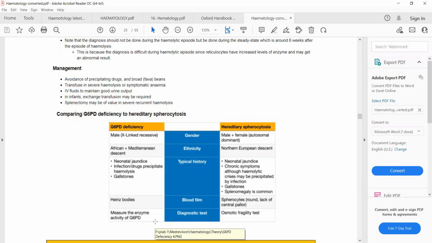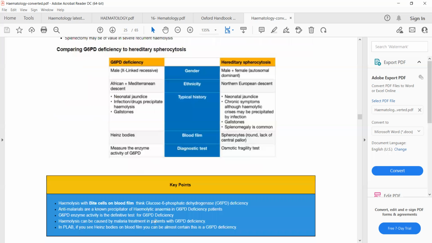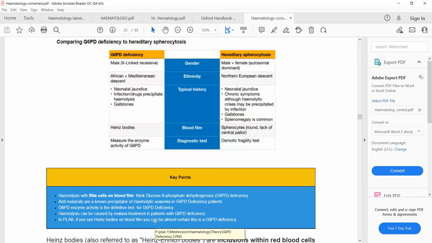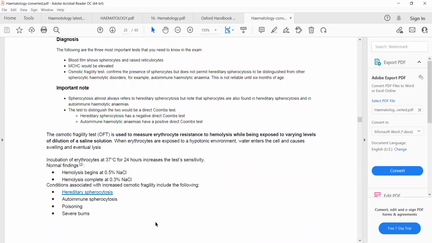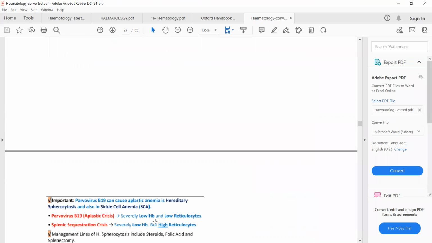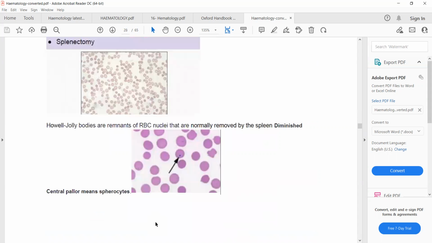Normally, biconcave disc-shaped RBCs are present in the blood, but spherocytes are round RBCs. How can you differentiate between spherocytes and normal RBCs on a peripheral blood smear?